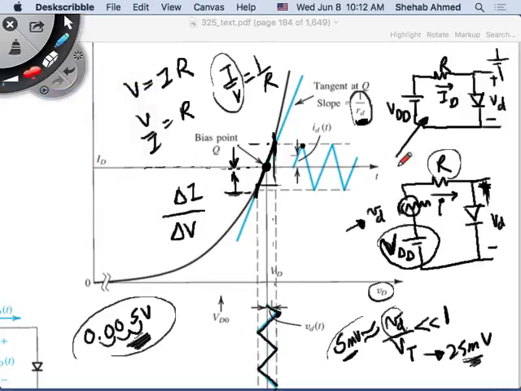I placed a short circuit around this source, and I looked at the effect of the other source VDD on the circuit. How did I study this effect? I removed the diode and put a forward voltage of 0.7 volt, and I calculated the current, right? That we did in the example, and that gives us this point. Okay, we're good. Now, superposition means I have to take care of the other source, which means I have to short this one and keep this one in the circuit. Okay, what do I put instead of the diode?